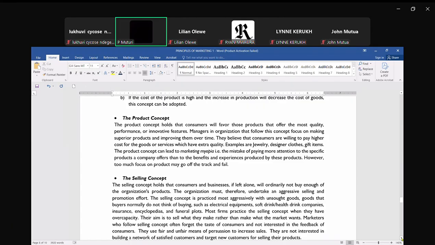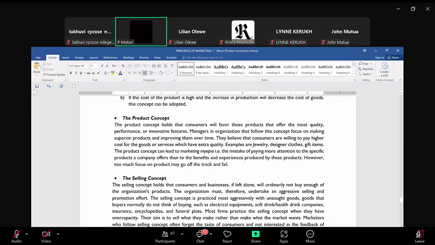It's still an applicable orientation or philosophy if you think of companies that provide very high-end, or call them very expensive products. Think of, let's say, perfumes and all that, jewelry, designer things.